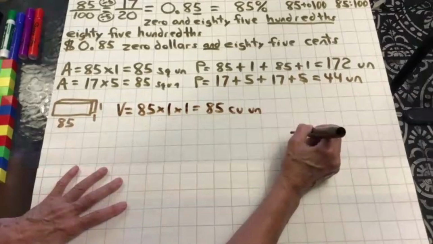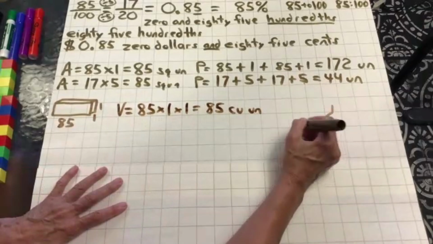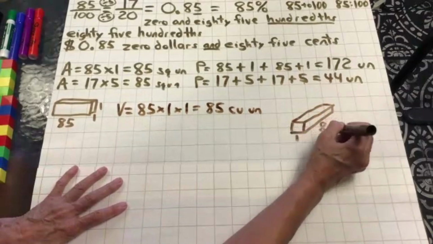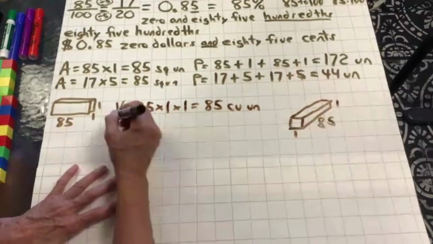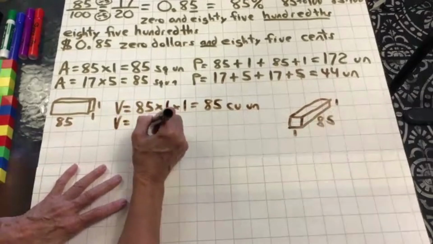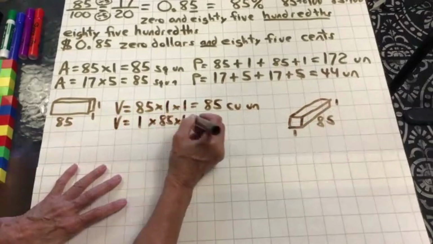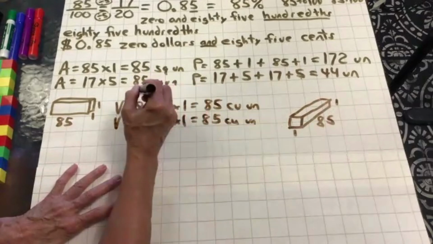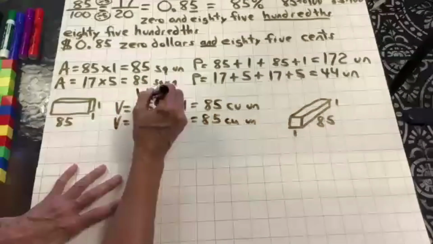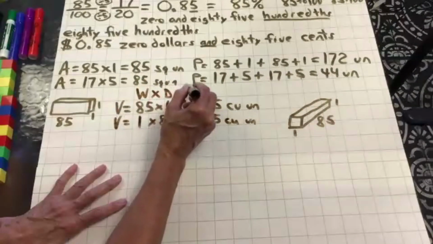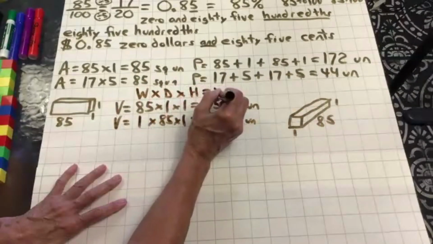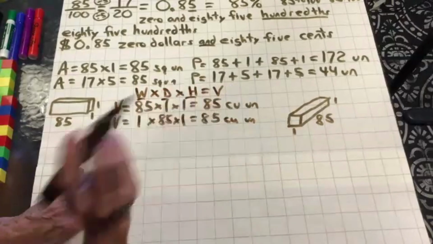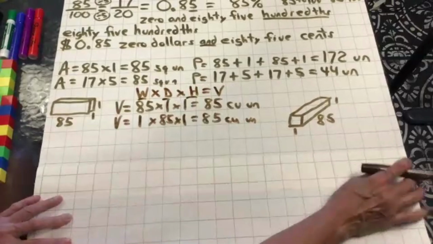And then if I have a 1 by 85 by 1, I would write it 1 by 85 by 1 equals 85 cubic units. So I'm always doing width times depth times height equals volume. That's the easiest way to keep you organized with your volumes.